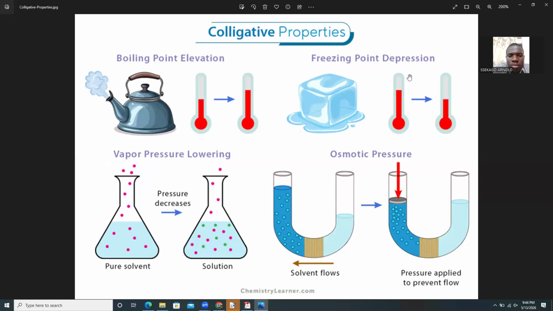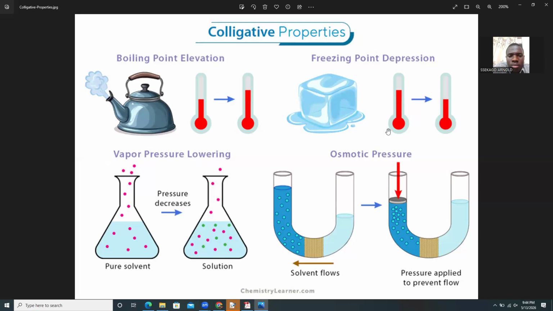Then for freezing point, initially the freezing point is high. You can look at water without impurities. Water without impurities freezes at 0 degrees centigrade.